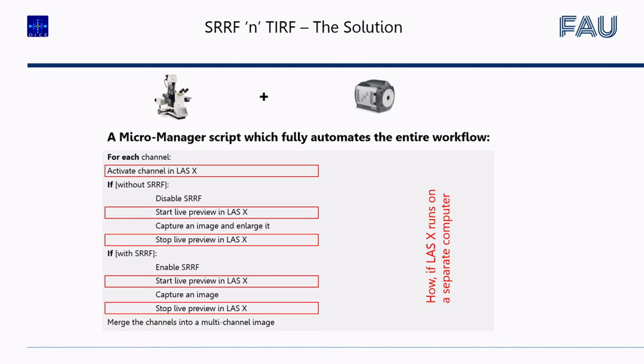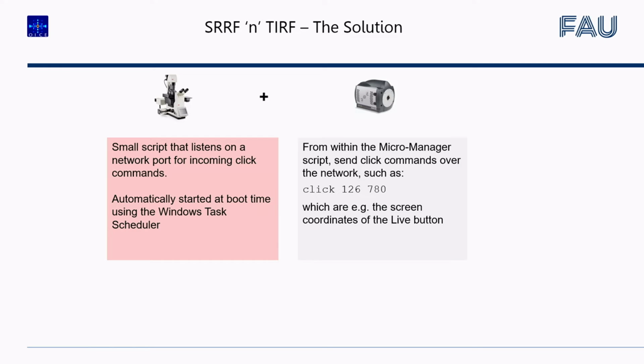So in red here, you see what happens on the computer that runs LASX, and in between, what needs to be done on the computer that runs the Andor camera. So there's a lot of steps you need to perform. And this small script will then listen on a network port for incoming click commands, and it's automatically started at boot time, so all our users don't have to fiddle around with that script too.